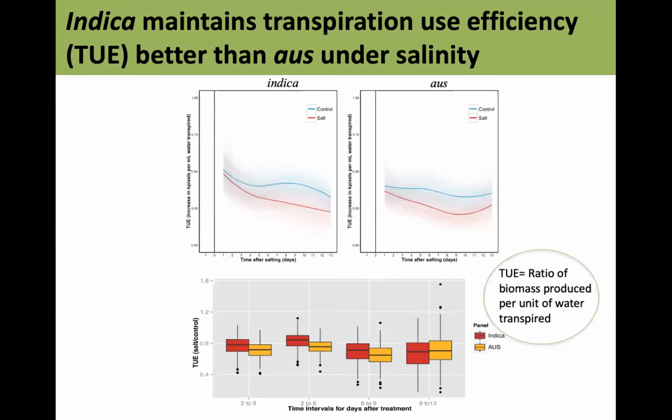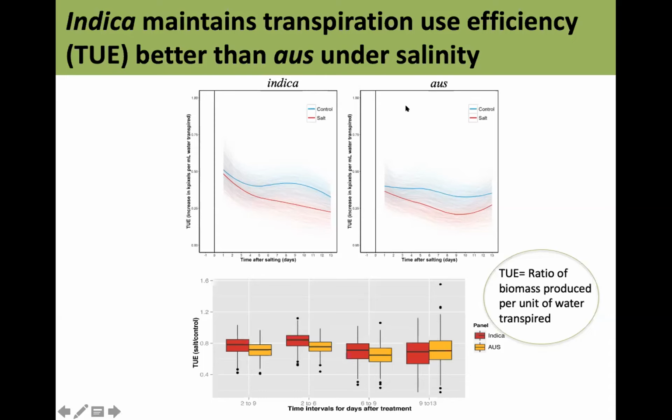And then looking at the trait of interest, which is the transpiration use efficiency, which again is defined as the ratio of above ground biomass produced per unit of water transpired. And you have to realize that this is quite a complex trait because it's a third order derived trait. So it's estimated from transpiration and growth, and this is in turn estimated from the pixel count and the water loss.